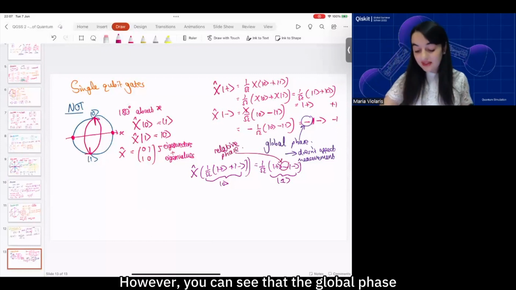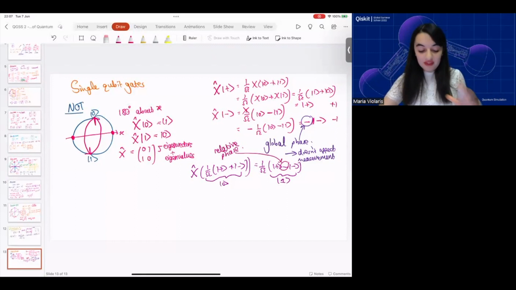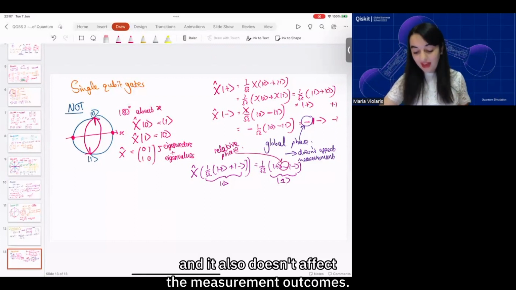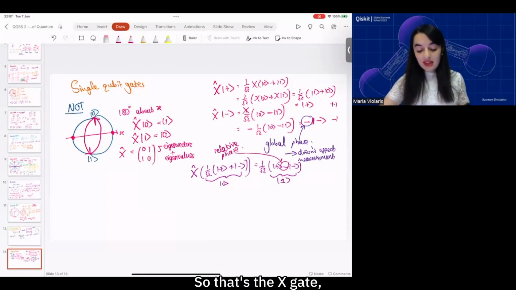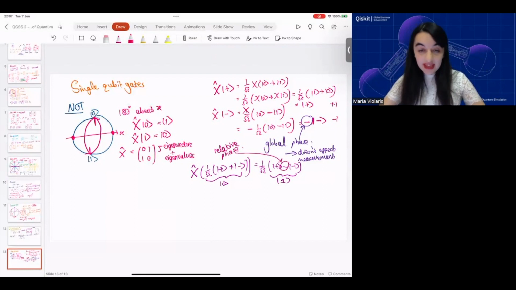However, you can see that the global phase is something that we can't see on the Bloch sphere. That information isn't there, and it also doesn't affect the measurement outcomes. So that's the X gate, and we can similarly define Y and Z gates.